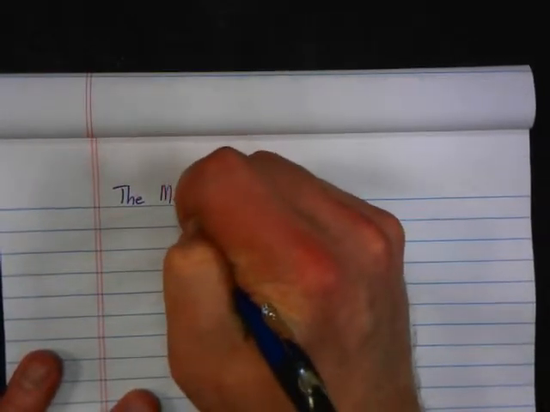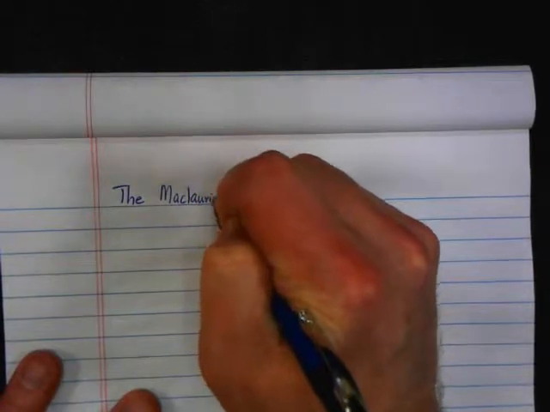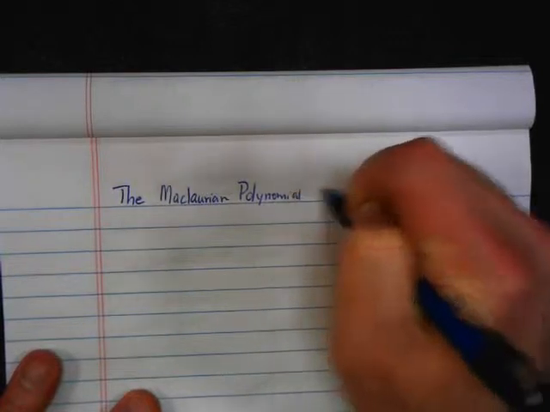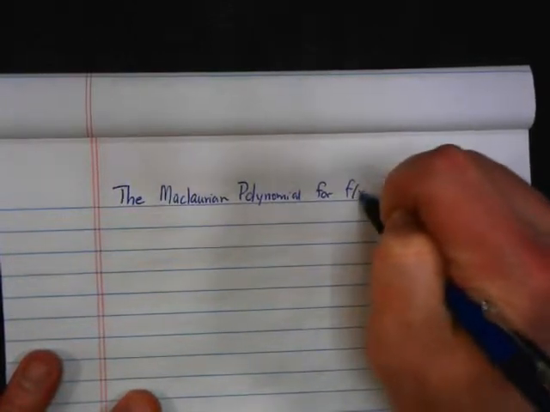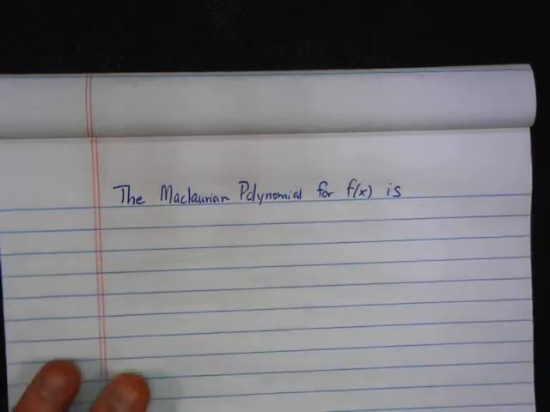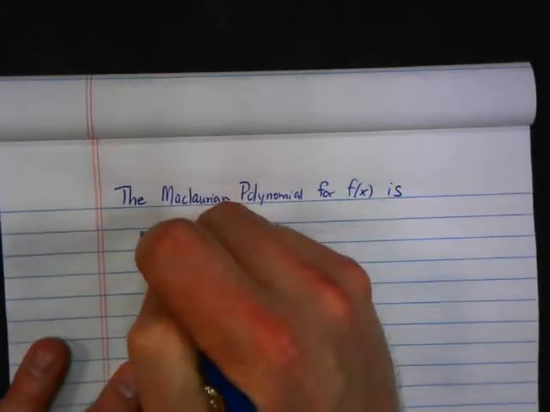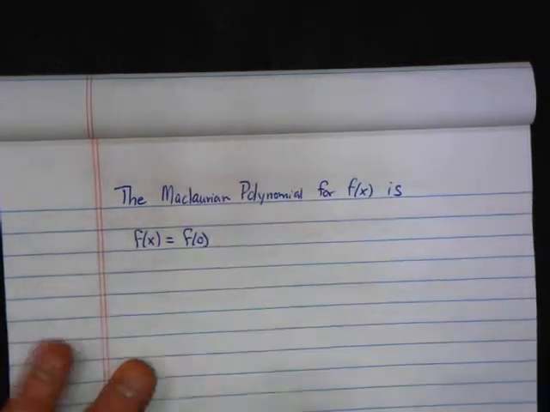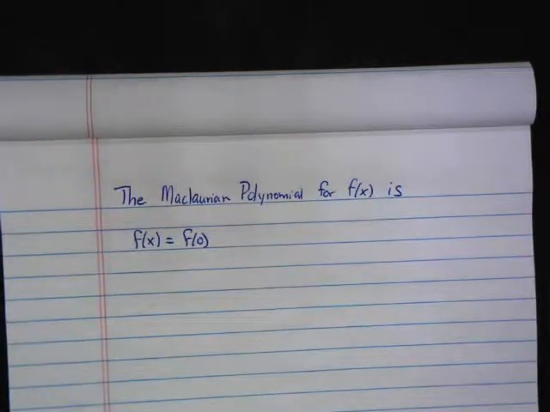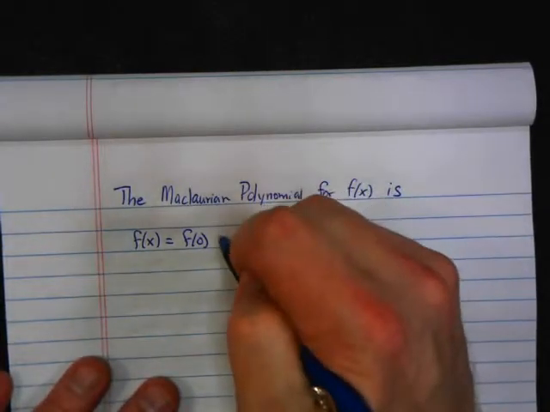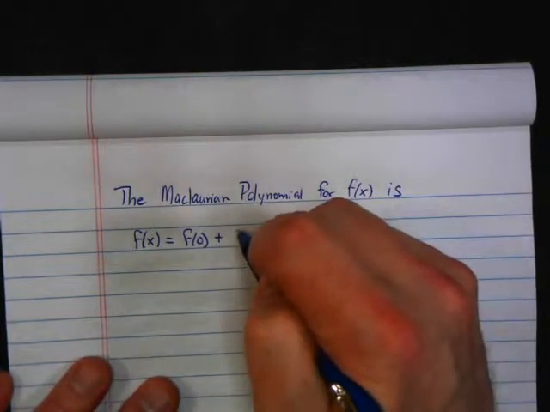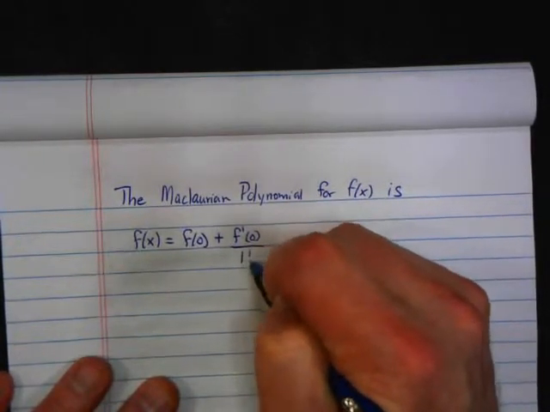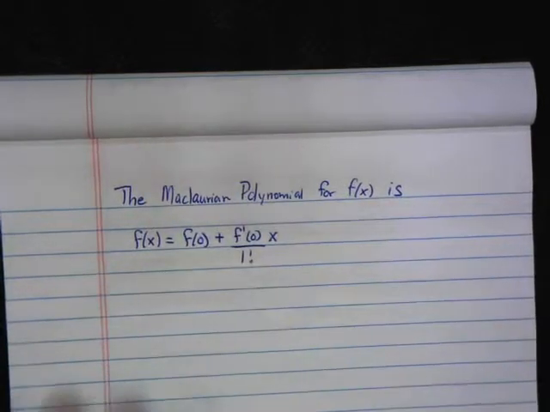The Maclaurin polynomial for f of x is the constant, which will just be f of 0, plus the derivative at 0 divided by 1 factorial times x.